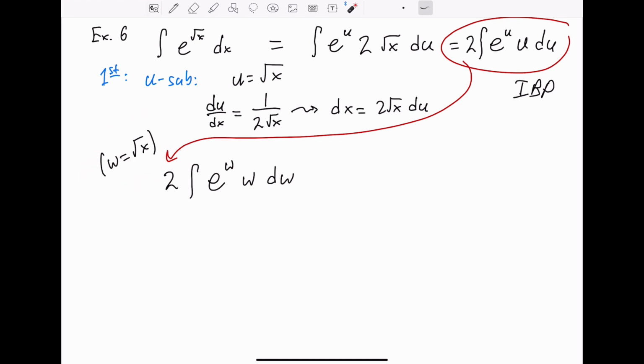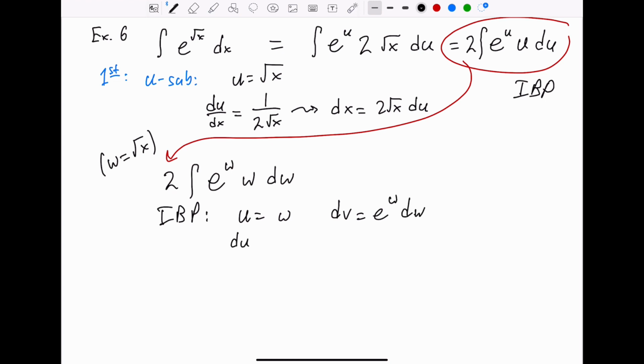All right, now this is actually the same example as example 1. We'll work through it again, but we worked through the same integral for example 1 on this handout. We apply integration by parts, choosing u to be w, and dv is everything remaining, e to the w dw.